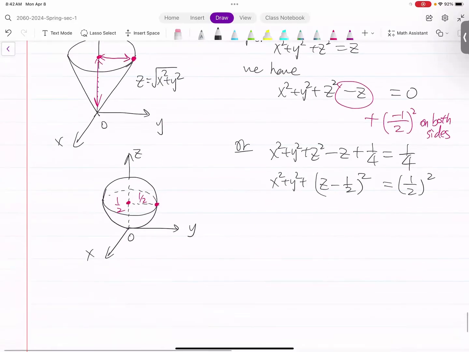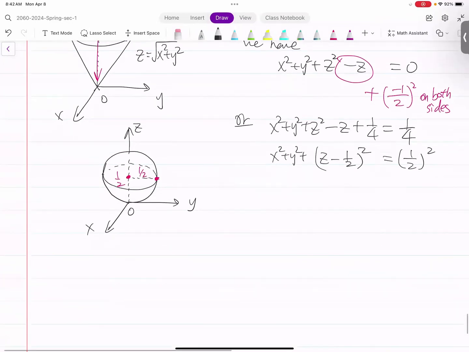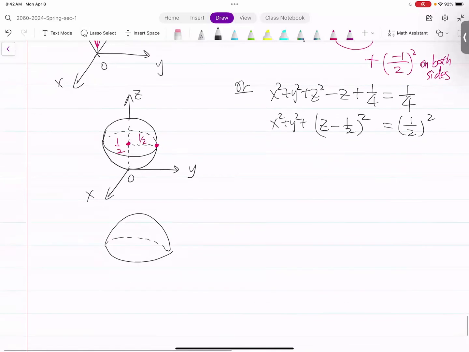Okay, so let's quickly put the figures together. Basically, we have a semi-sphere on the top, and then the cone at the bottom, with the z-axis, y-axis, x-axis, and origin.